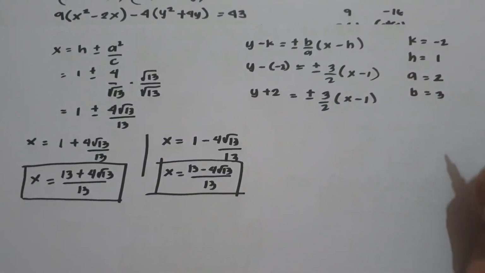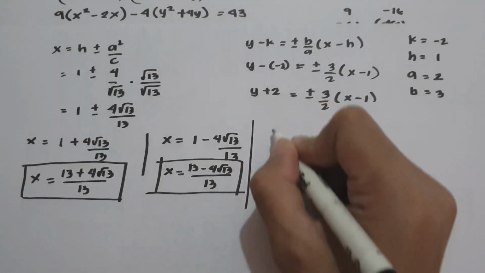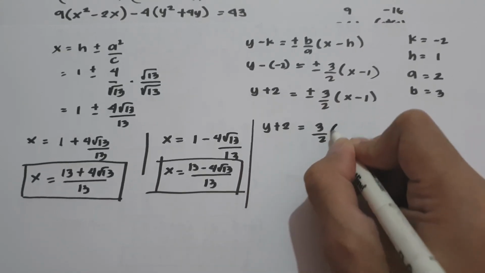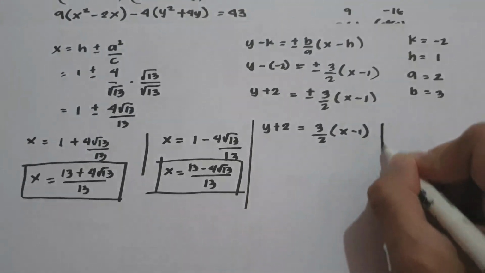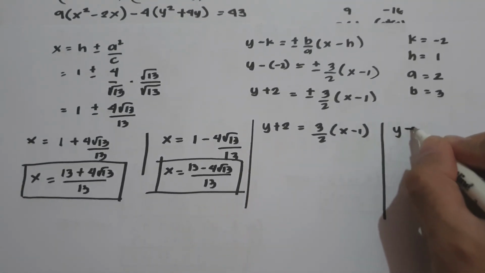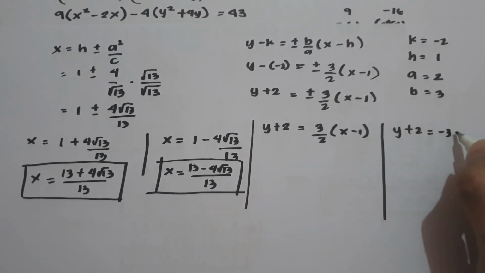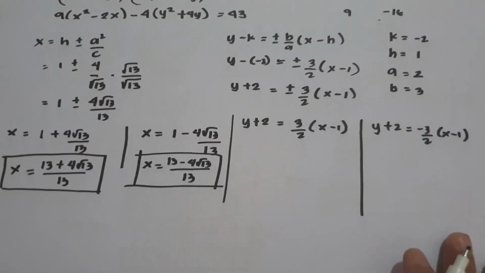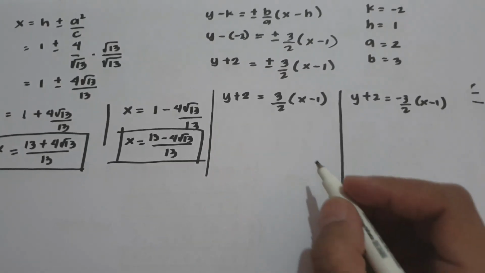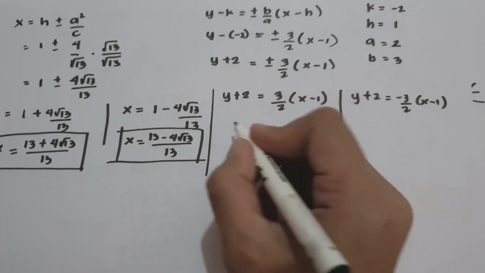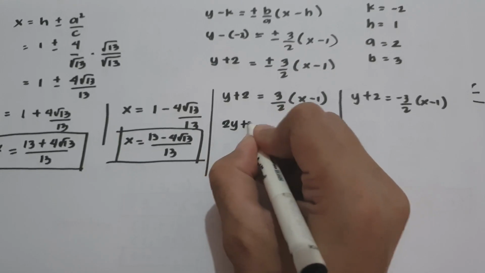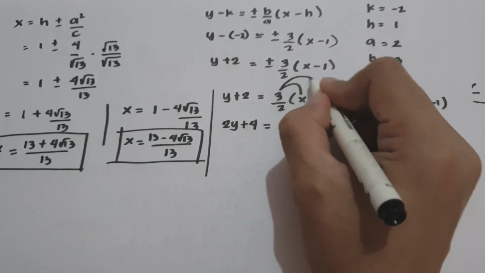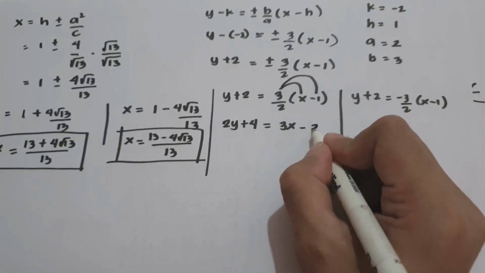So if we are going to separate this one, we are going to have y plus 2 equals 3 over 2 times quantity x minus 1. On the other side, we have y plus 2 equals negative 3 over 2 times quantity x minus 1. So let us have 2 multiplied by y plus 2, that is 2y plus 4 equals 3 times x is 3x. 3 multiplied by negative 1 is negative 3.